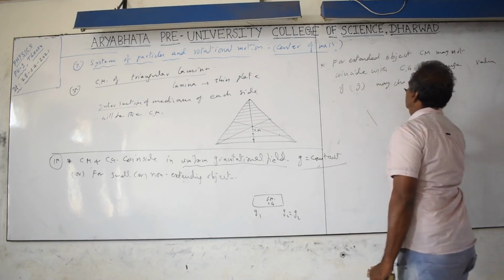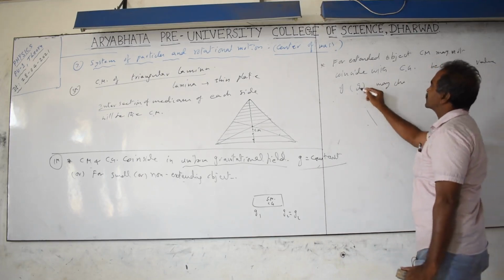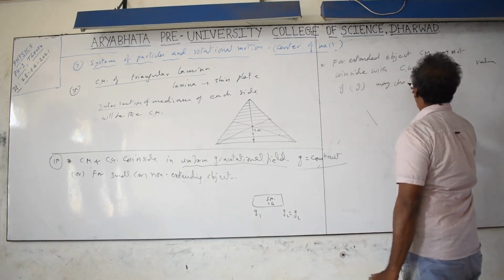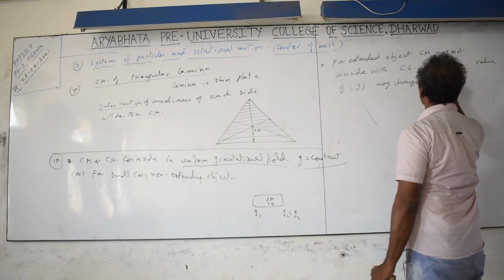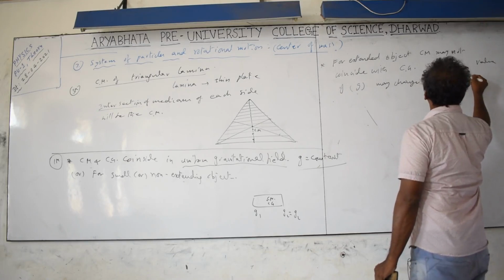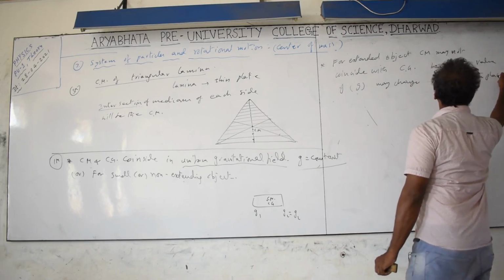Generally on the earth's surface g is not constant at all places. It may change from place to place.